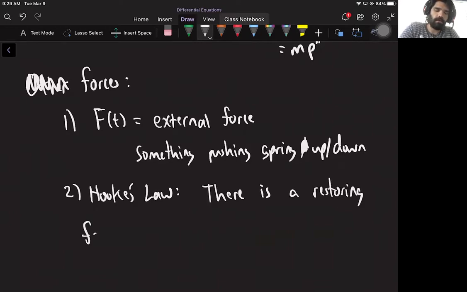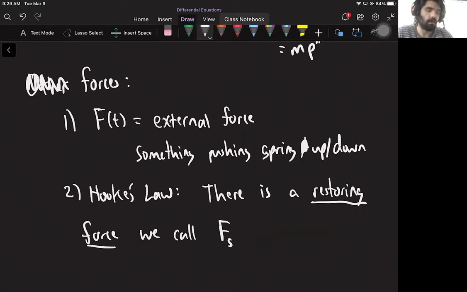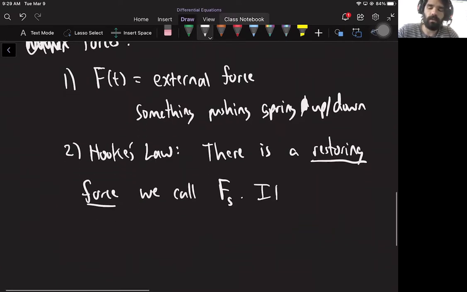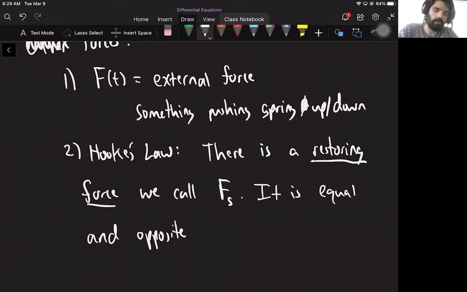There's a restoring force, which we call F sub S. So this will always be present for springs. And it is equal and opposite to the forces applied to the mass.